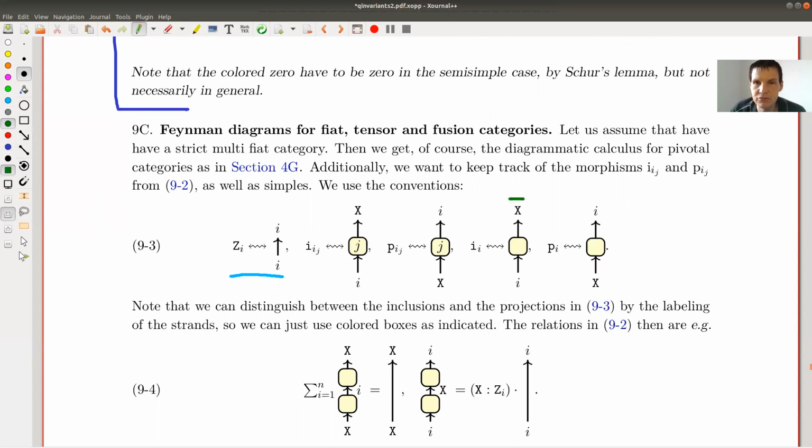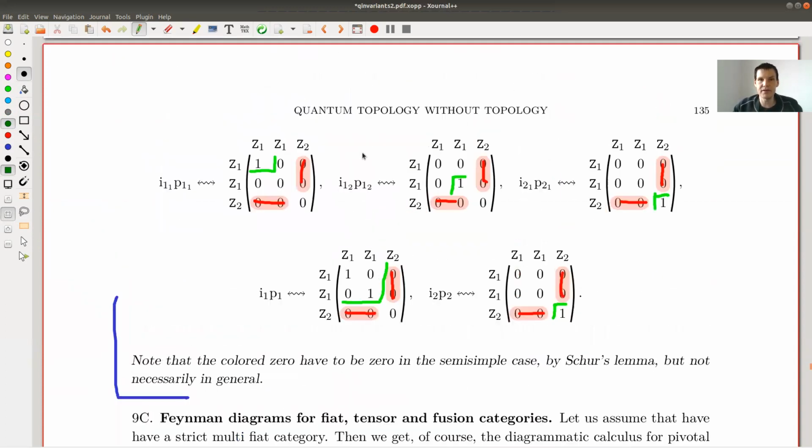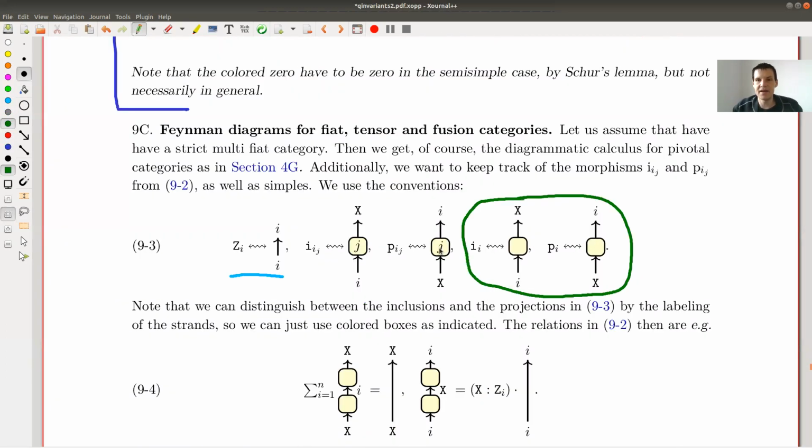these projection and inclusion morphisms, which I just denote by the corresponding box, and they go from X to I. So X has some I turning up in its component, like here, the I, Z1. And these are the projection and inclusion morphisms, and these are the unique ones, the isotypic ones. They're just a box.